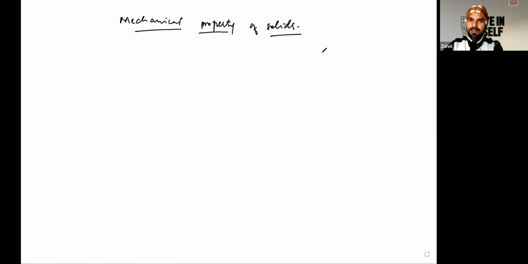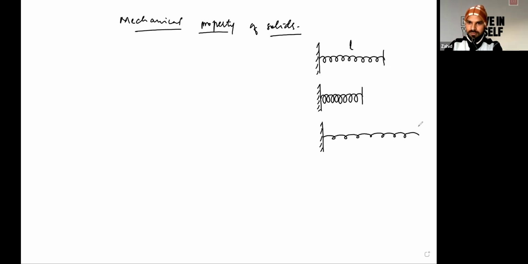Suppose there is a support from which a spring is attached whose natural length is L. Now, if you compress or stretch this spring, its shape will be like this, or it may deform like this.